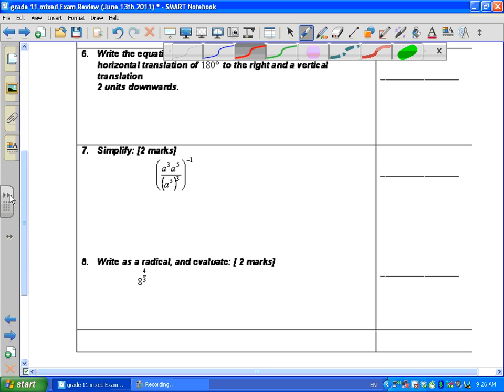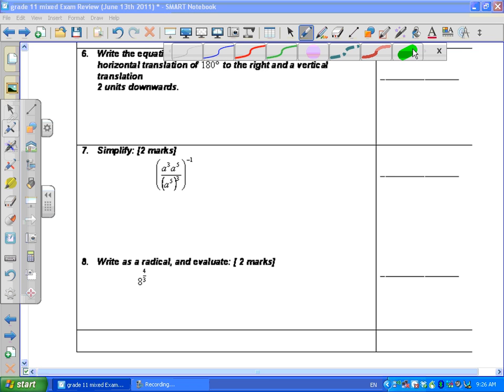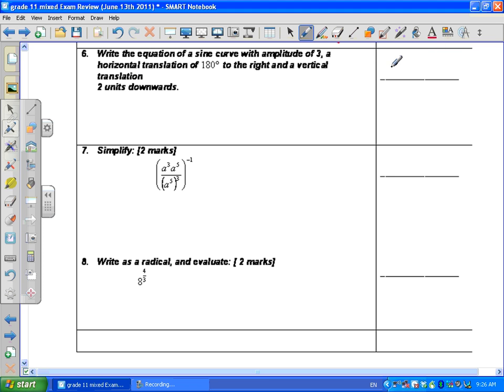Okay. This question says to write an equation of a sine curve with an amplitude of 3, a horizontal translation of 180 to the right, and a vertical translation 2 units down.